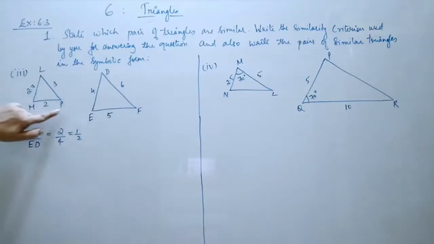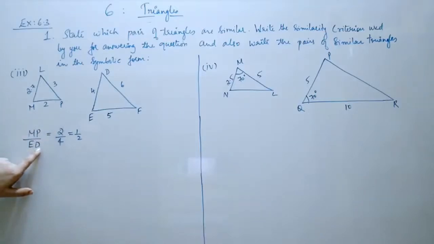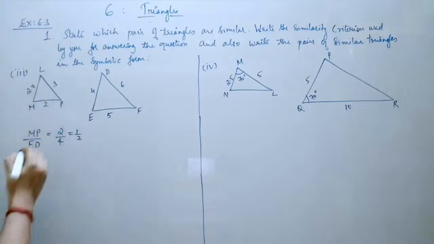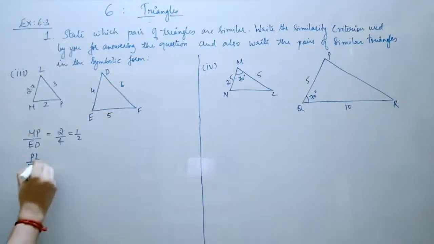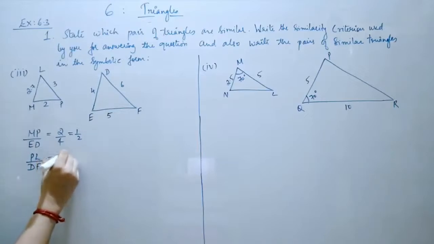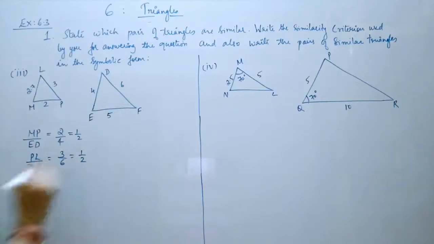Now MP, that is M is matching with E and P is matching with D. Now if we are taking PL, so here you just see P, instead of P we will write D, so DF. Okay, DF, that is again 3 by 6, which is 1 by 2.